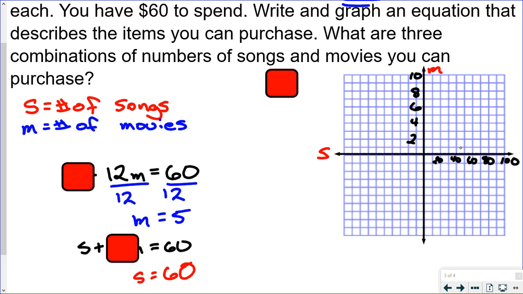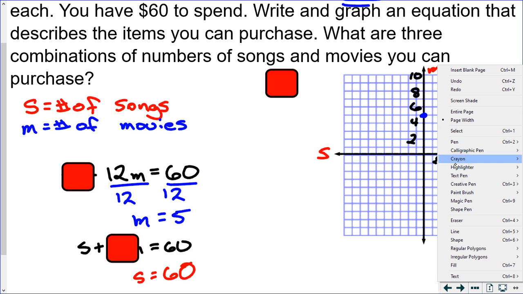And so this crosses the M axis at 5. So I'm going to go to the M axis, and I'm going to put a dot at 5. And it crosses the S axis at 60. So I'm going to put a dot there. And then I'm going to draw a line through those.